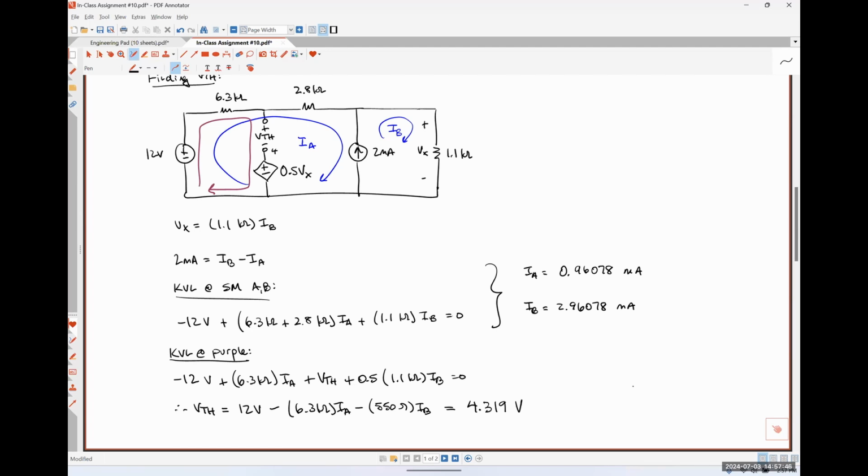We definitely could have done the nodal analysis, but it was just so many nodes that we would have to make several substitutions, and it just seemed like more work than it was worth to me. So, any questions on how we solved for VTH here?